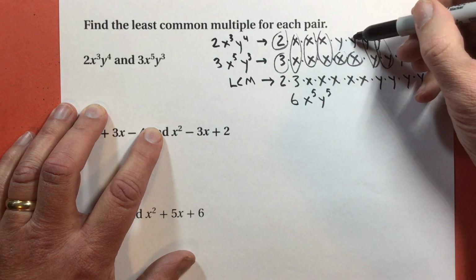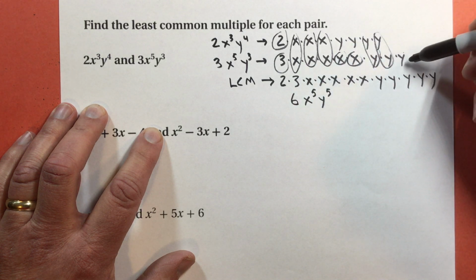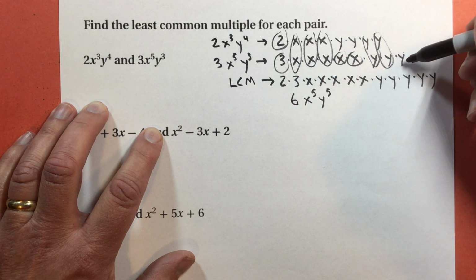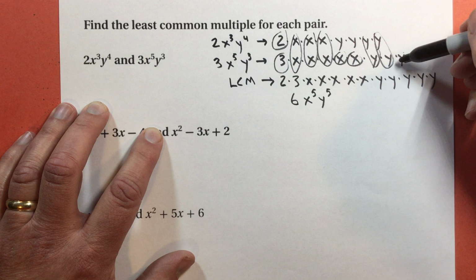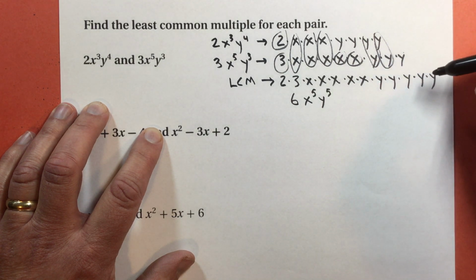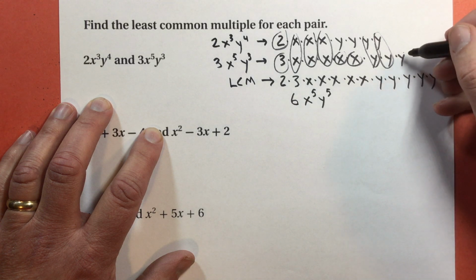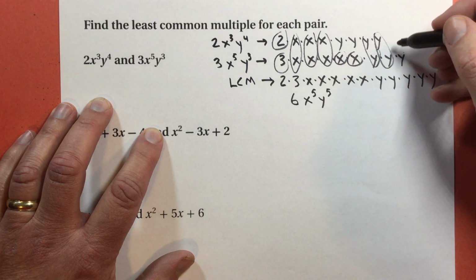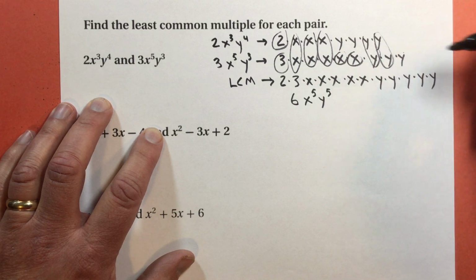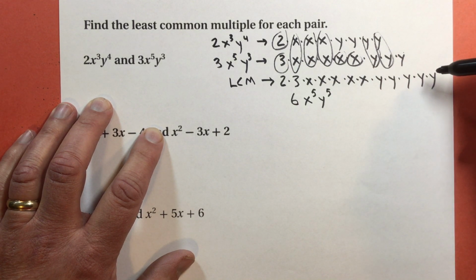Just double checking, I had 4. I should have y to the 4th power. Y to the 3rd, y to the 4th. 1, 2, 3.